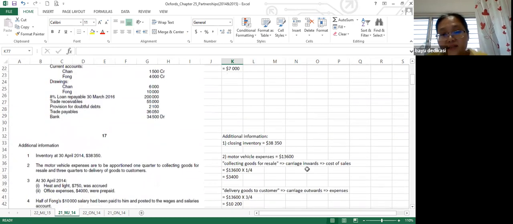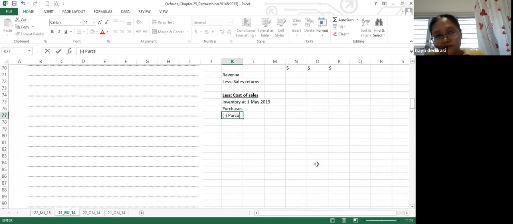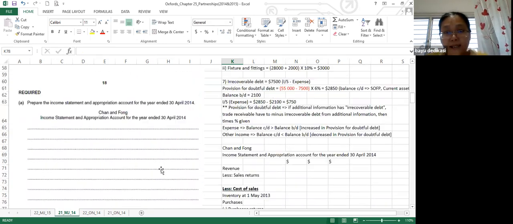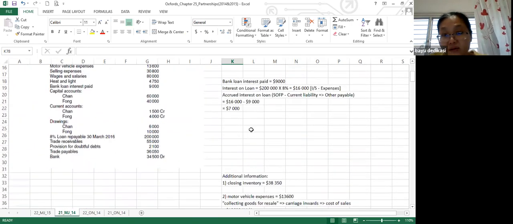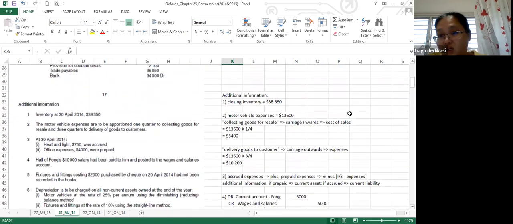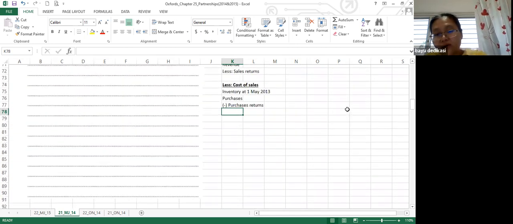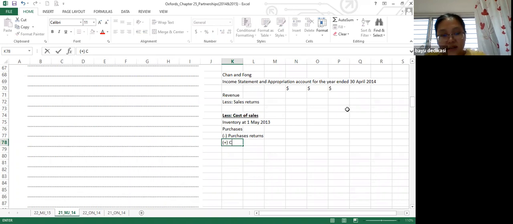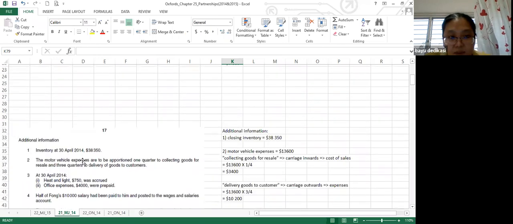So we have to minus purchases return. And next, in the additional information, just now they talked about the carriage inward. Carriage inward is under cost of sales. This carriage inward is a cost, so you have to plus carriage inwards. Okay, next, what else we have is the last one, inventory at 30th April 2014.